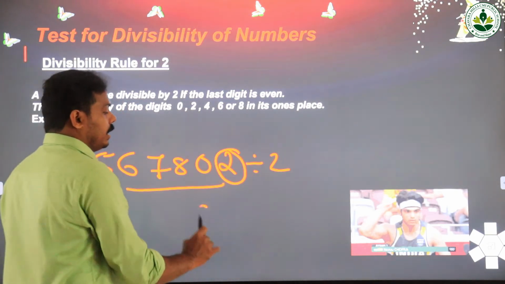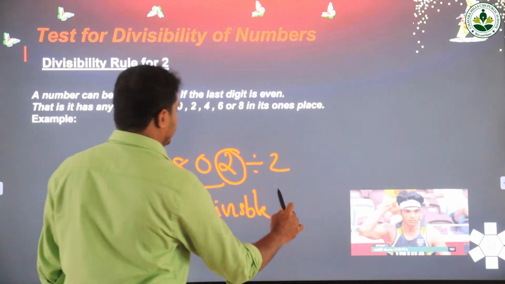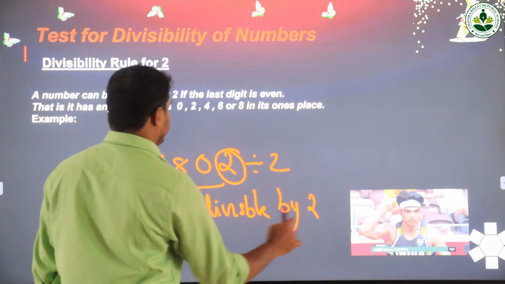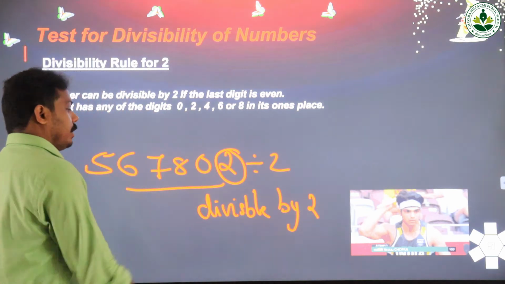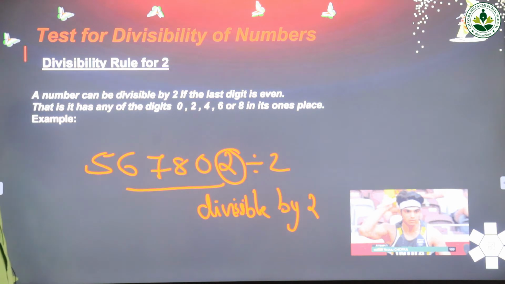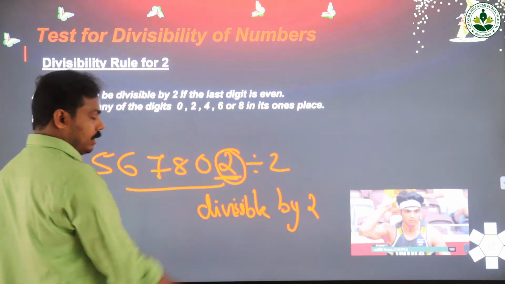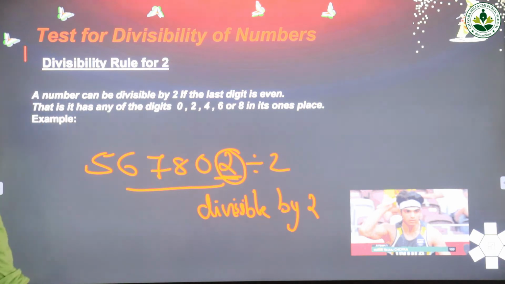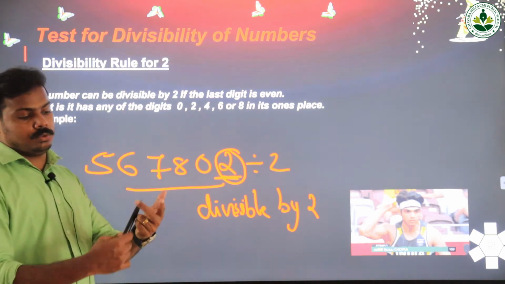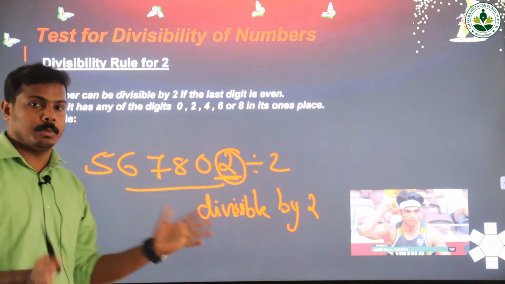How do we find it? Look at the ones place digit. If it is even, that means it is 0, 2, 4, 6, 8, then it is divisible by 2.